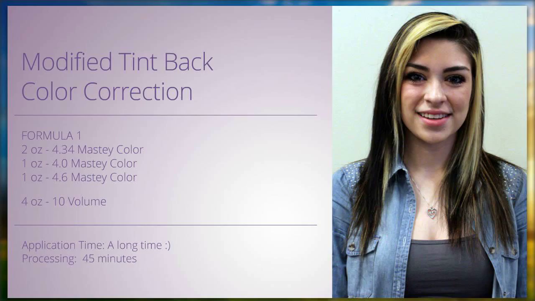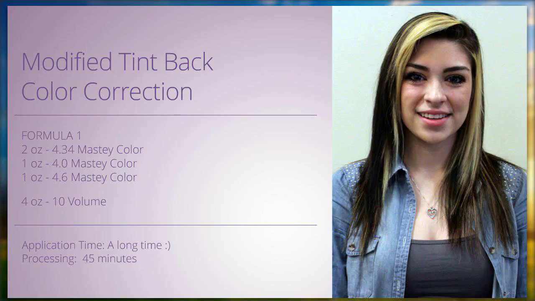Very good. Now, what we did for her, seeing how much yellow was already in the hair, right? We modified our formula a little bit. And as you can see, the proportions are still very similar. The only difference is because her hair was a little longer, we needed more color. So Brooke's formula ended up being 2 ounces of 4.34, 1 ounce of 4.0, 1 ounce of 4.6, right?